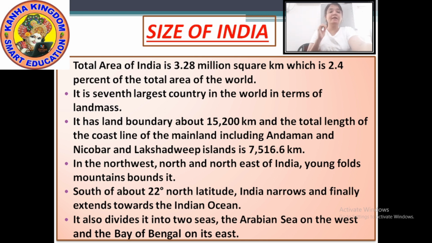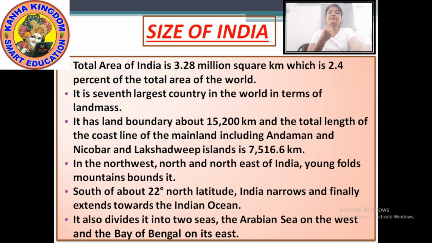What is the distance from west to east? It is 2,933 kilometers.